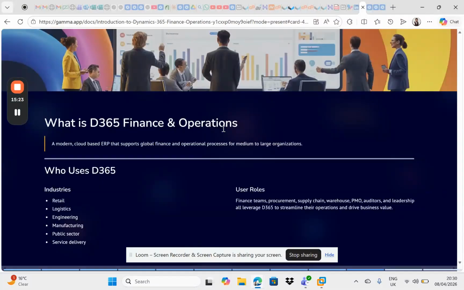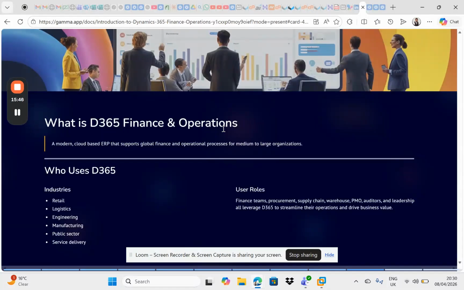Industries that actually use Dynamics 365 include retail, logistics, engineering, manufacturing, public sector, and service delivery. And looking at user roles, who are the stakeholders that actually use this?